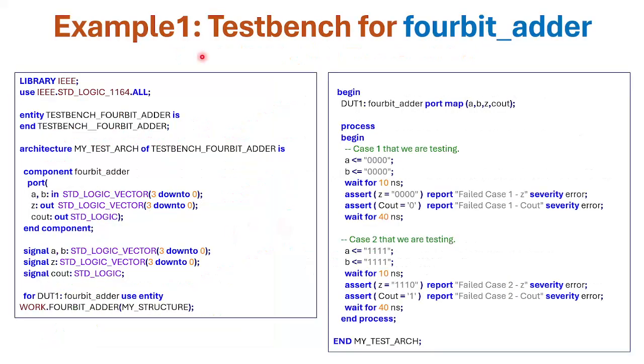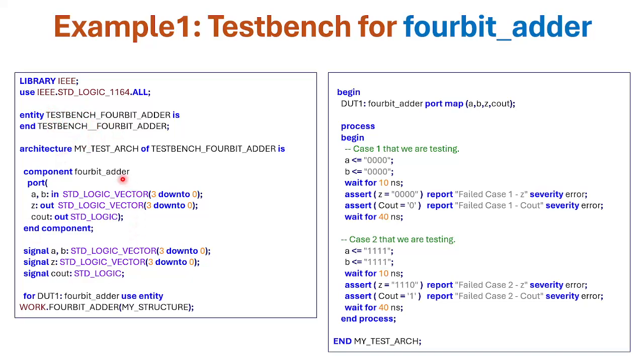The best way to introduce the different approaches to writing test benches is to look at a couple of examples. The first example is a combinational circuit, the 4-bit adder. The test bench declaration is shown over here, called test_bench_4bit_adder, and that test bench is just like any other entity declaration without any input and output ports.